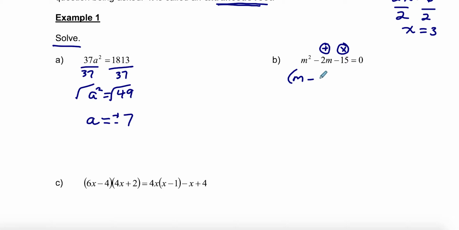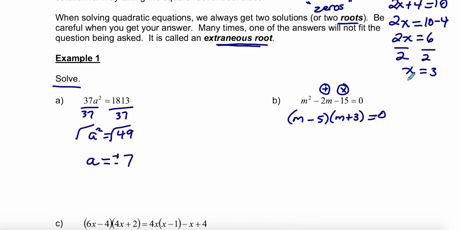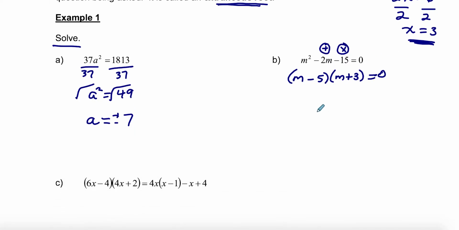I think this would be 5 times 3 is 15. So I know that -5 plus 3 is -2, and -5 times 3 is -15. What I'm going to do to solve for m, though, doesn't look like what we had here. Here we only had one root, or one answer, one solution. Here we're actually going to have two.